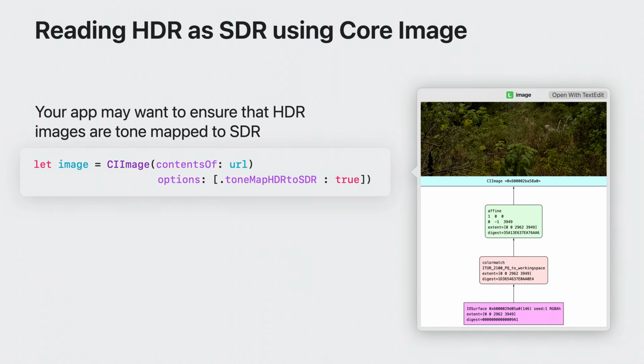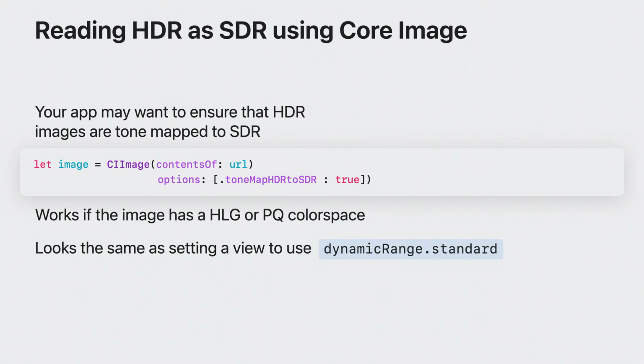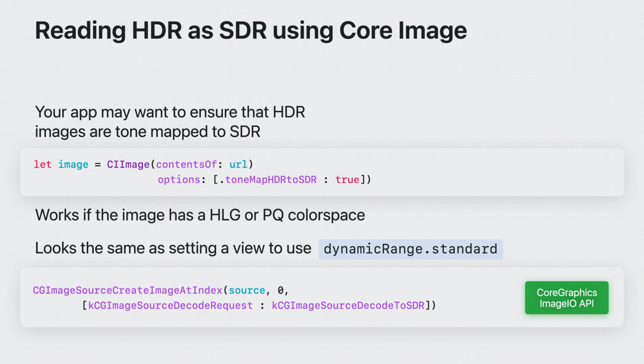In this case, the returned CIImage object will contain a recipe step that tone maps the HDR source into SDR range before any other operations are applied. Note that this option only has an effect if the image has an HDR color space. The resulting CIImage will look the same as specifying that an image view should use the dynamic range standard option. Also, this has the equivalent behavior to using CGImageSourceCreateImageAtIndex with decode requests set to decode to SDR.